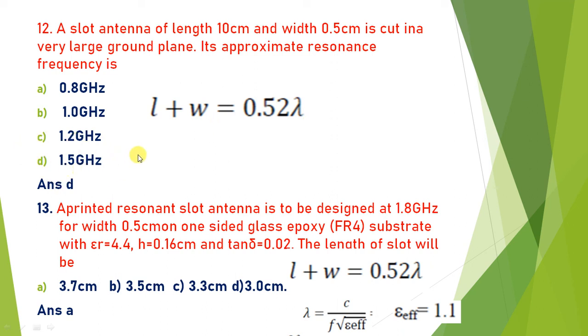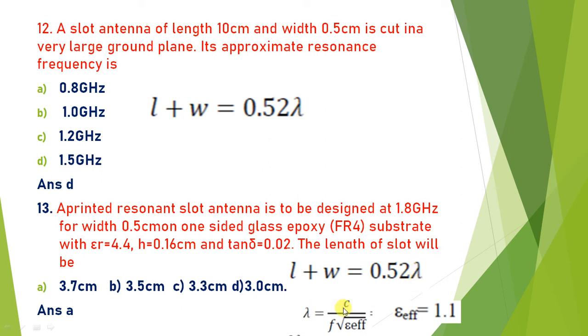A printed slot antenna is given. The frequency is 1.8 gigahertz, the width is 0.5 centimeter, and an epoxy substrate FR4 is given with epsilon r, h, and tan delta. What is the length of the slot? Take the same equation as we discussed: L plus W is equal to 0.52 lambda. But in this case lambda is not simply C by F, because here the antenna is printed on a substrate.